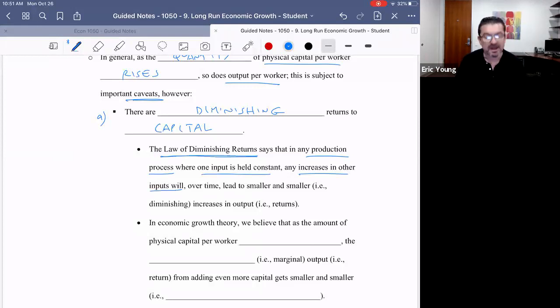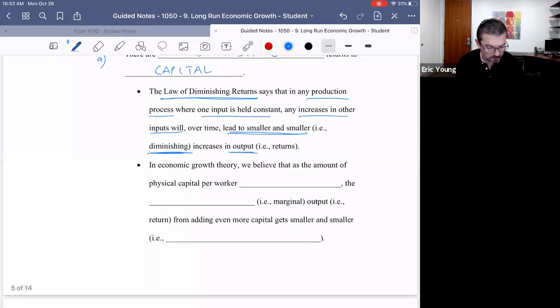But over time, and here's the key, as you add more and more of an input to a production process, those additional additions of input, those extra units of, in this case, capital added, will lead to smaller and smaller, AKA diminishing, increases in output. Okay, there's a lot of jargon there, a lot of definition.